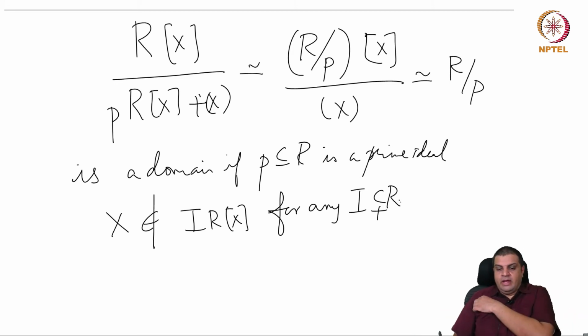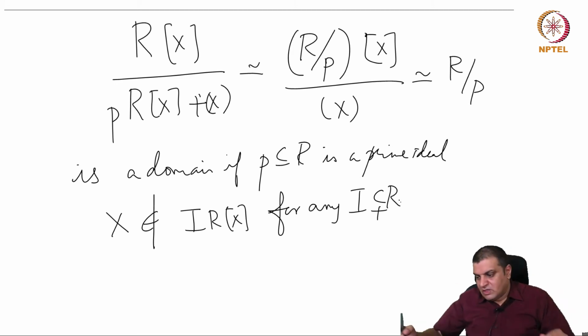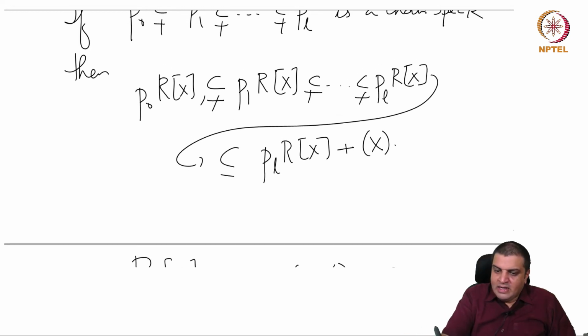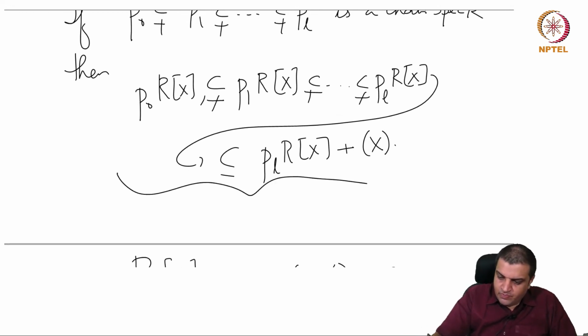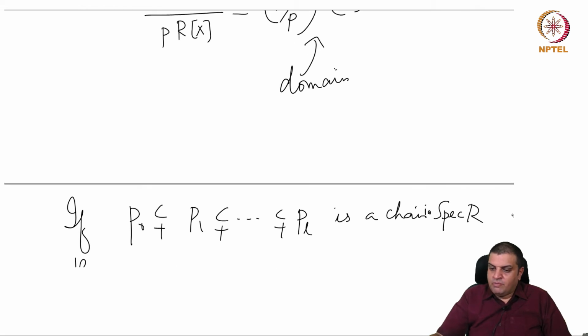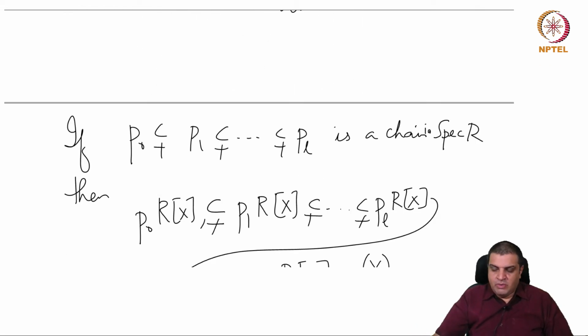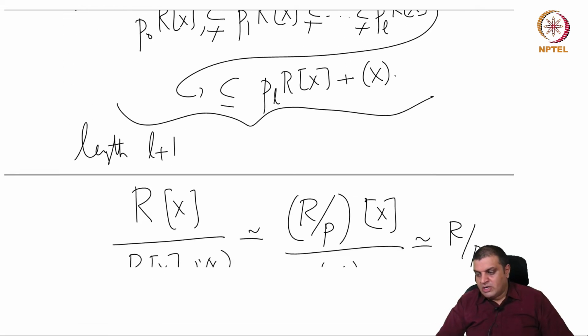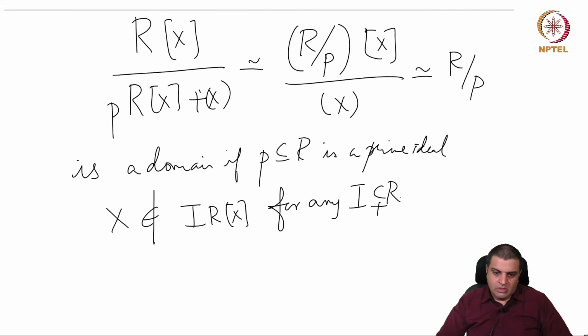And so that would tell us that this is really a new prime ideal, and here's a chain of length L, here's a chain of length L plus 1. So therefore, dimension goes up at least by 1, and for Noetherian local rings the dimension goes up exactly by 1. Okay, so this is for Noetherian rings.